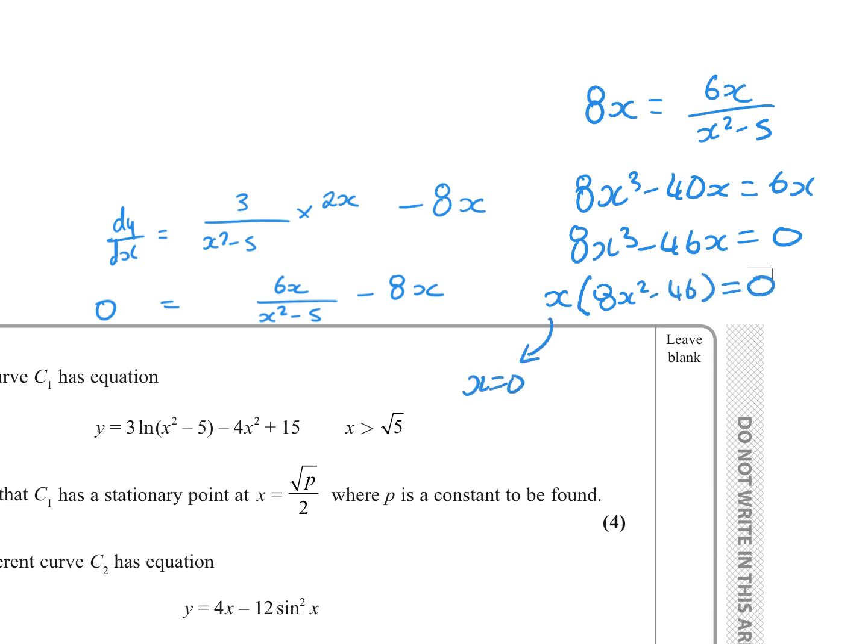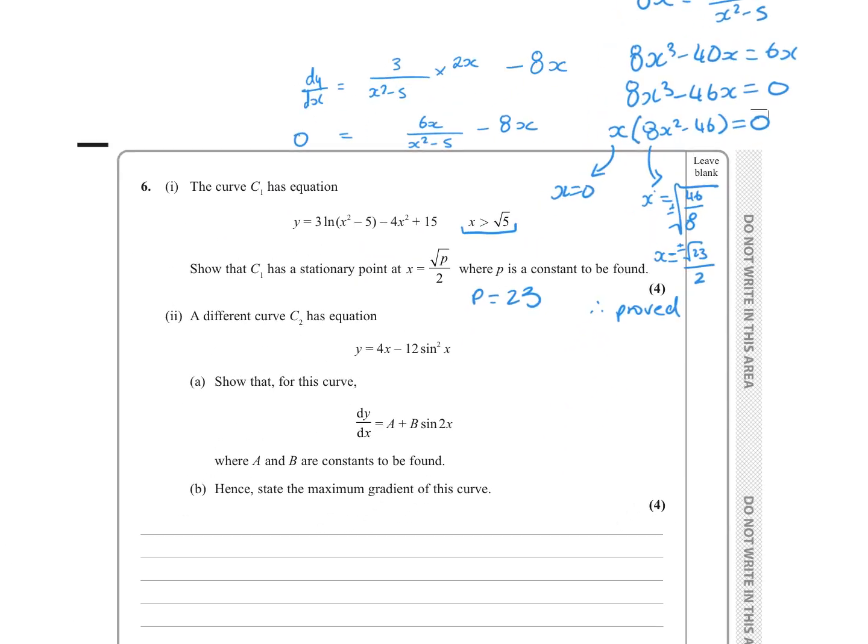So we have a solution x equals 0, or x equals plus or minus the square root of 46 over 8. Yeah, you just put that into your calculator. We can rationalise it, it's root 23 over 2, plus or minus. However, in the question it says x is greater than root 5, so p equals 23. Okay, so therefore, proved.